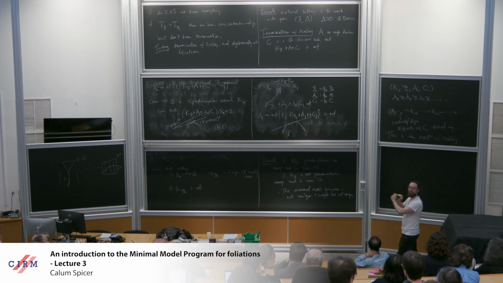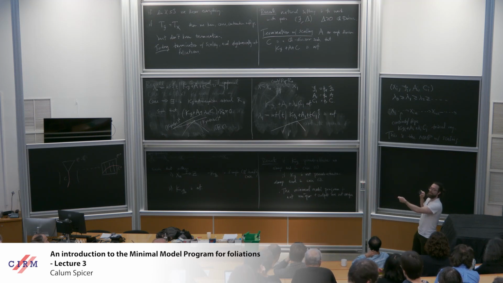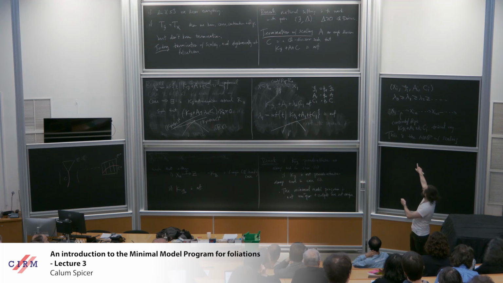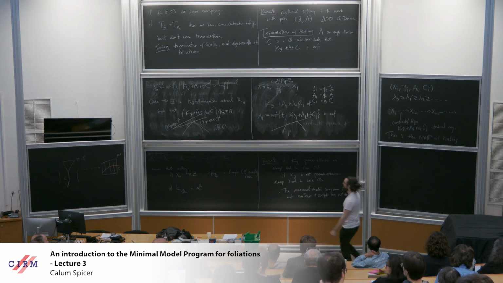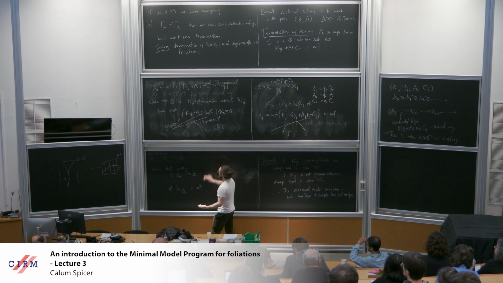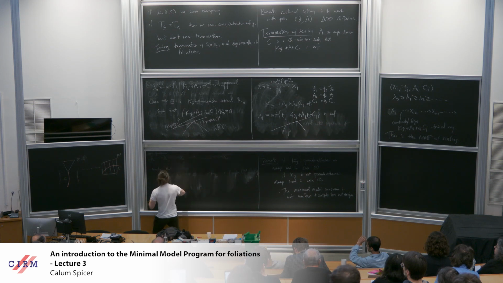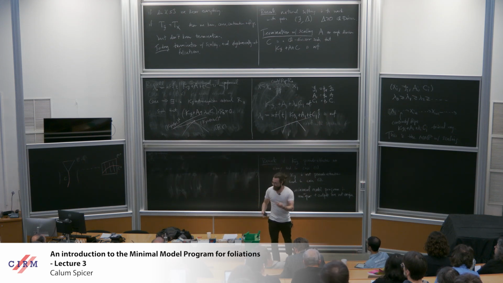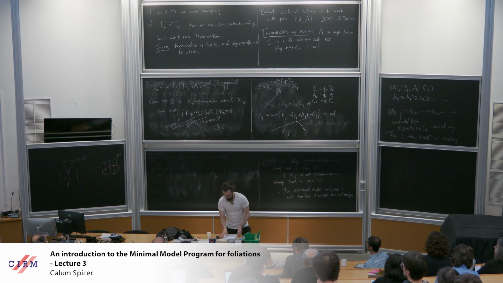But after a single flip, A is no longer ample. So that's a bit of a cheat, something I'm sweeping under the rug here. So the right framework is this one. I apologize, but it is possible to make it all right, but it takes a bit of extra technical complication.